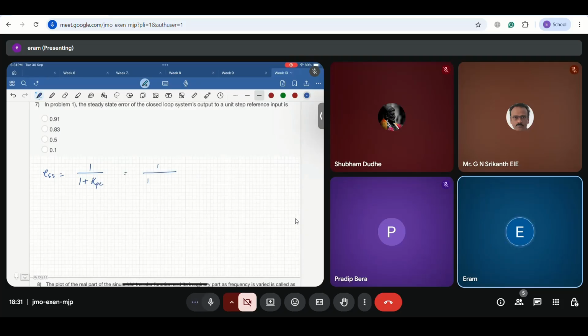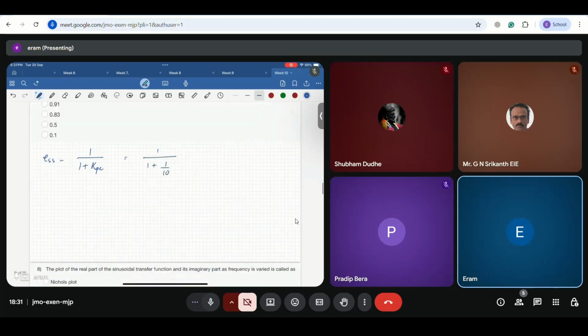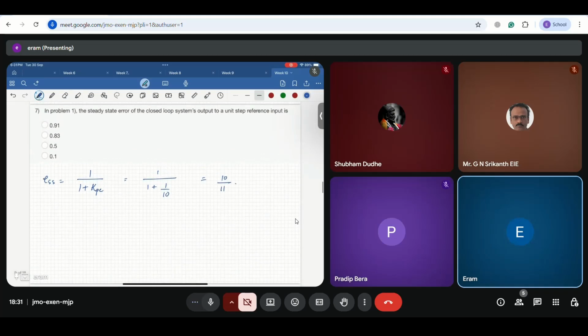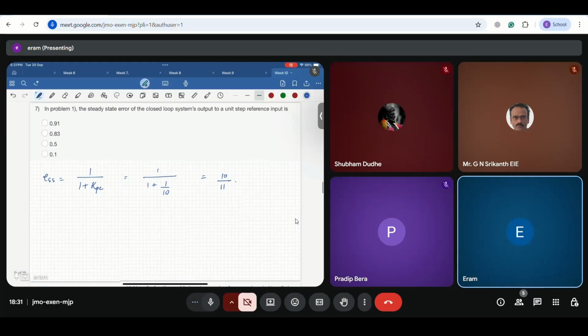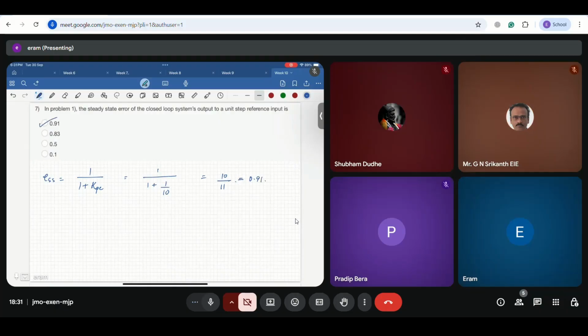So we had Kp of 1 by 10. So it is 10 by 11. So I think it is 0.91.